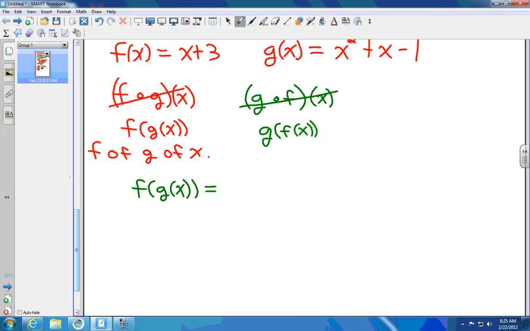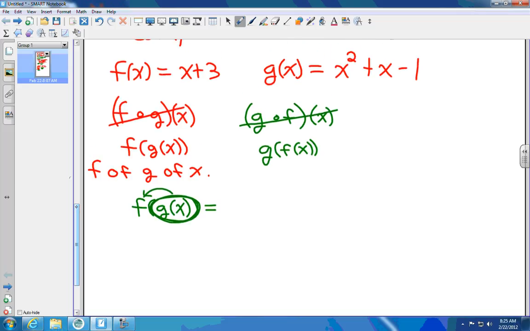That's a composite function. You're putting them together. So watch closely. What this means is that you're going to take whatever function this is, in this case it's g of x, and you're going to put it into the f. You're going to replace the x's in this function with whatever g of x is. So here's your g of x: x squared plus x minus 1.